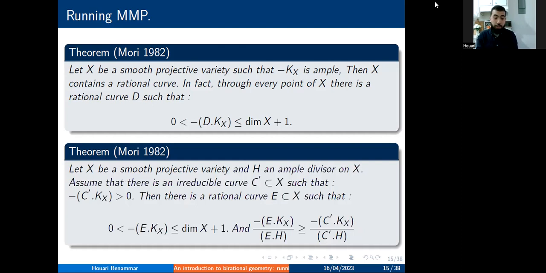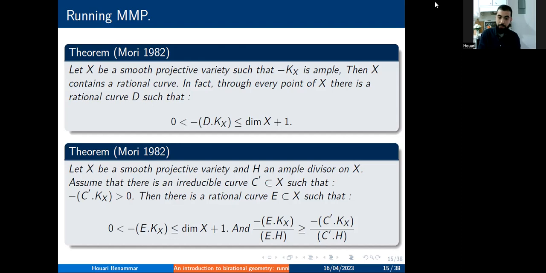And more generally, if the variety is not Fano, he also had some results. Like we take X a smooth projective variety and H an ample divisor on X. We assume that there is an irreducible curve C prime in X such that the intersection of C prime and K_X is negative.